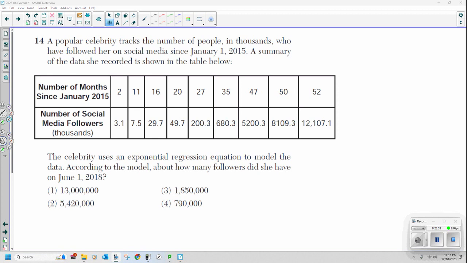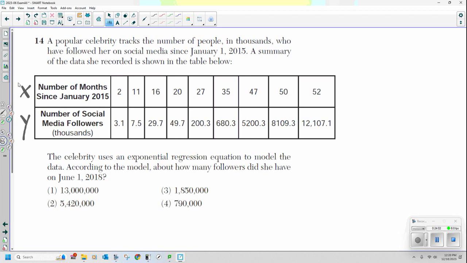14. A popular celebrity tracks the number of people in thousands who have followed her on social media since January 1st, 2015. A summary of the data she recorded is shown in the table below. You'll see the top, which is my x. Remember in problems 1 through 8, we mentioned the top is always the x, the bottom is always the y. Okay.